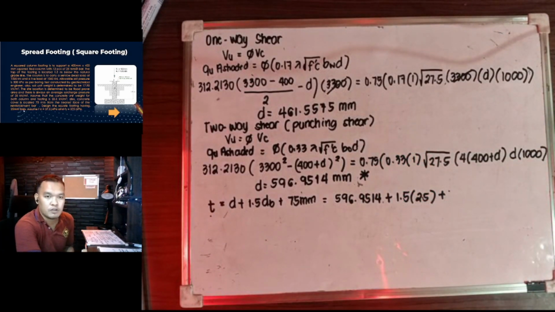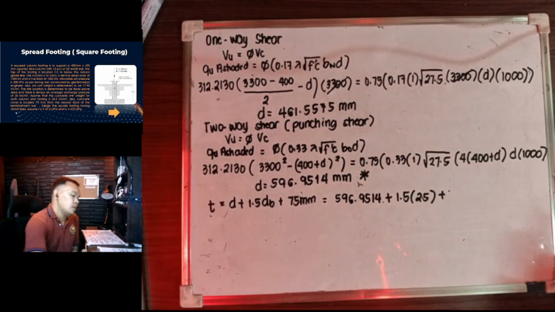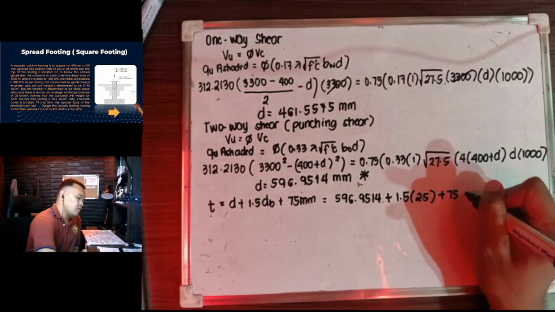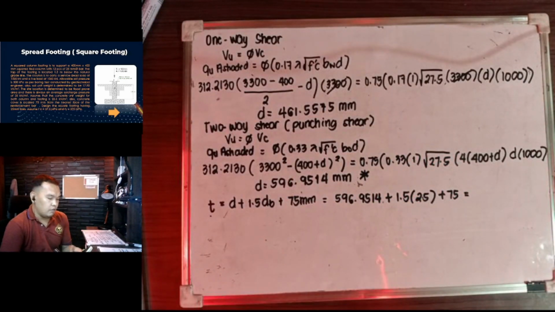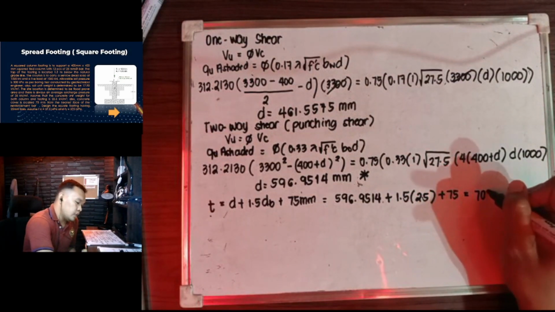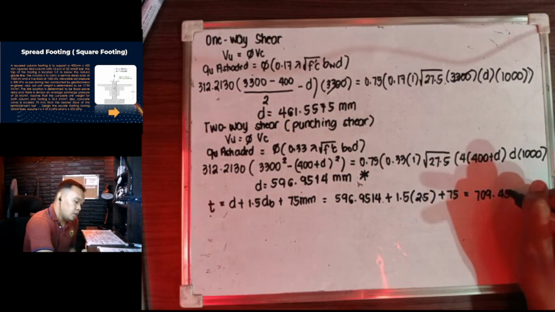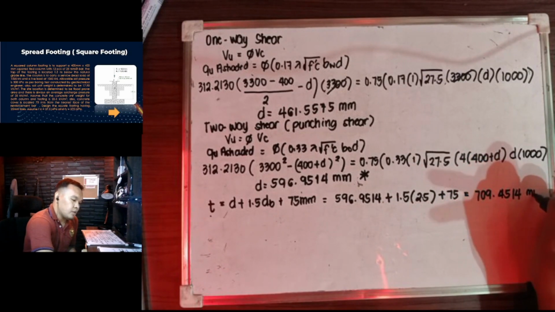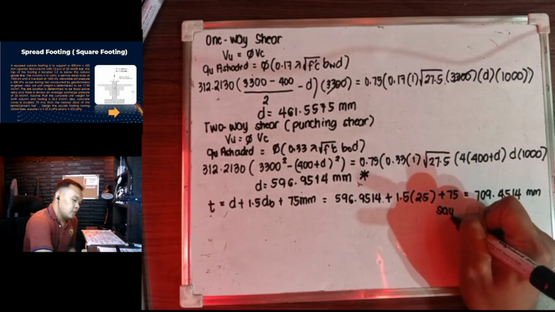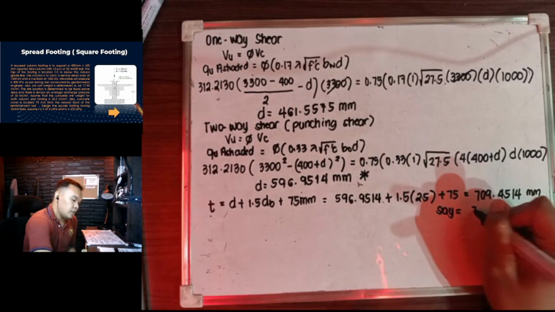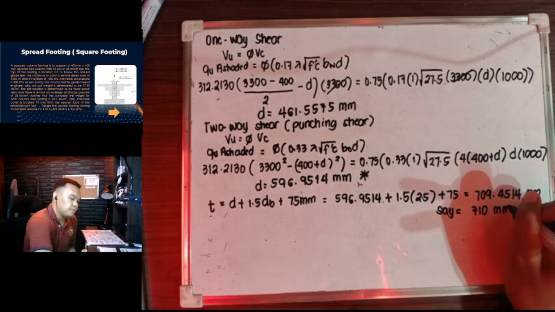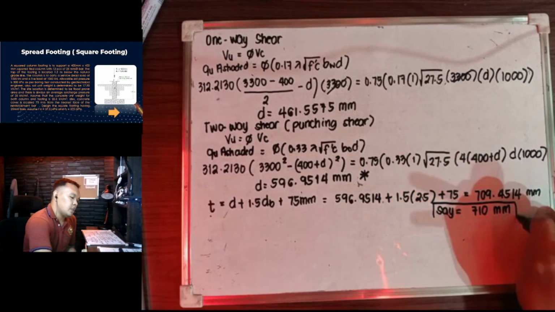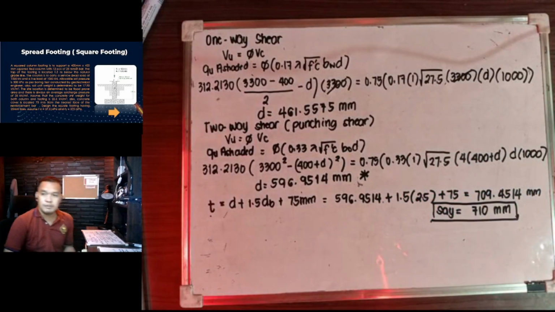Design square footing having 25 mm diameter bar plus 75 mm concrete cover, which is equivalent to 596.9514 plus 1.5 times 25 plus 75. So we have here 709.4514 mm, or say 710 mm. So yung thickness mo is 710 mm. Okay?